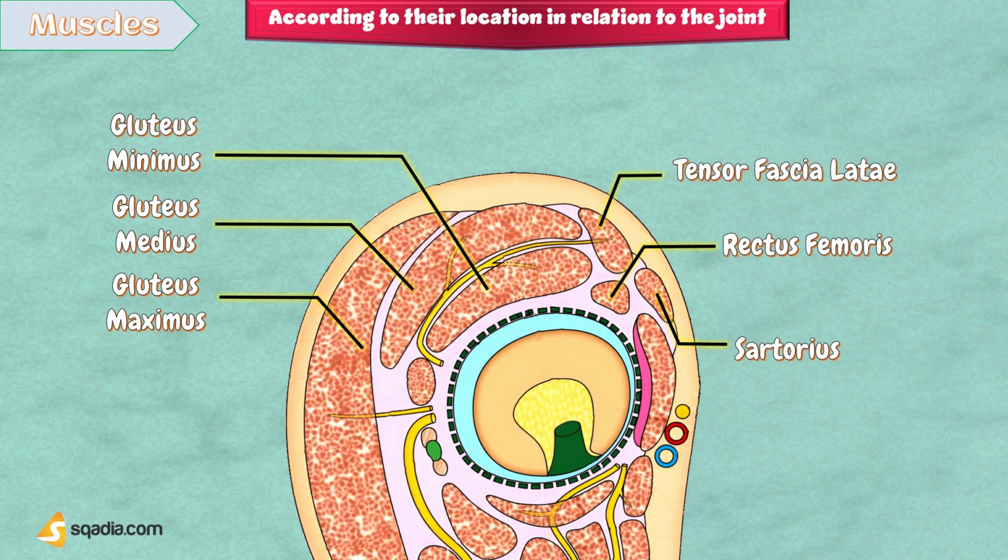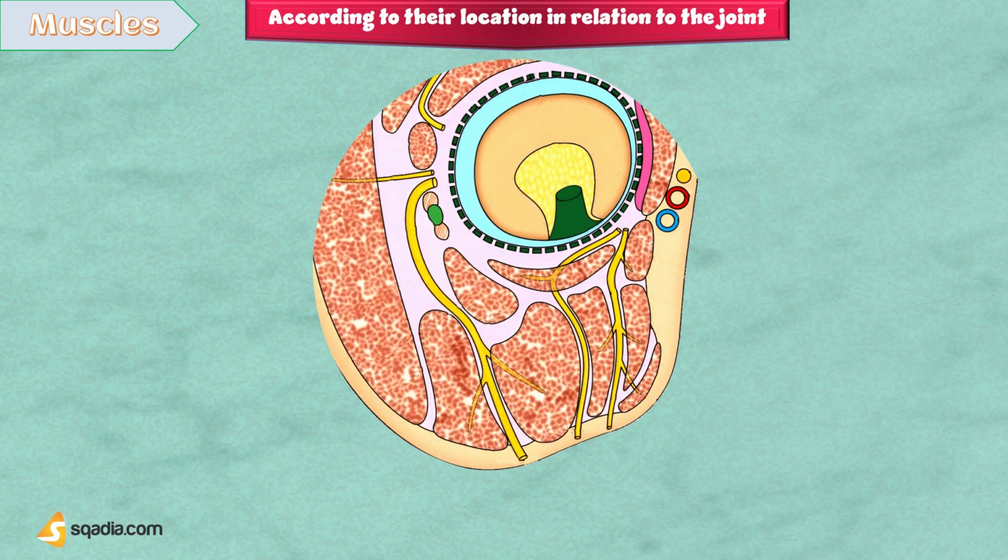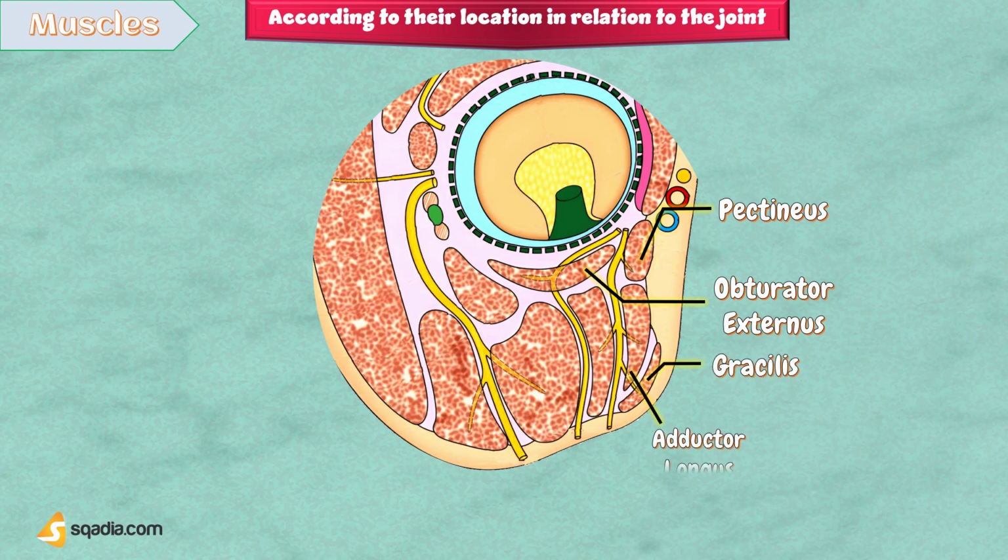At the inferior aspect of the hip joint, we find the lateral fibers of the pectineus and the obturator externus. In addition, there are gracilis, adductor longus, adductor brevis, adductor magnus, and quadratus femoris.